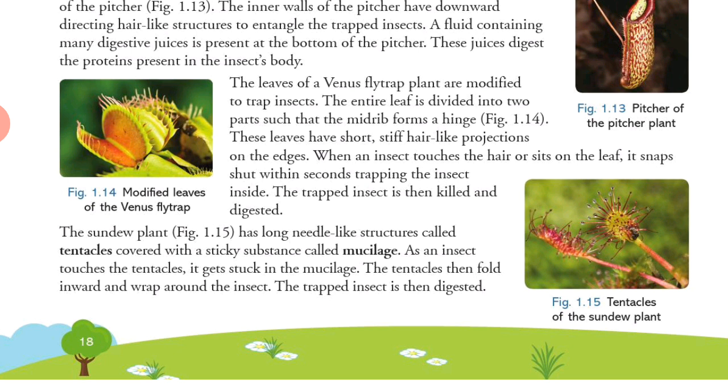Wow, very interesting to know about insectivorous plants. First we studied the pitcher plant, which captures insects and closes over them. Then we studied the Venus flytrap, and the third is the sundew plant. They feed on insects: they capture them, kill them, and then digest them.